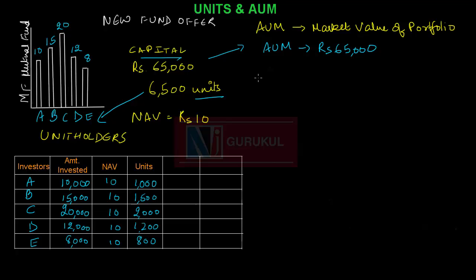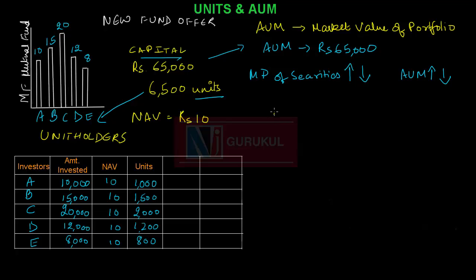Thereafter, the AUM will be dependent upon the market prices of the securities in the portfolio. So if the market prices of the securities go up, the AUM will also go up. And if the market prices of the securities go down, the AUM will also go down.